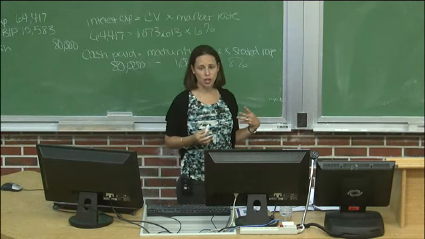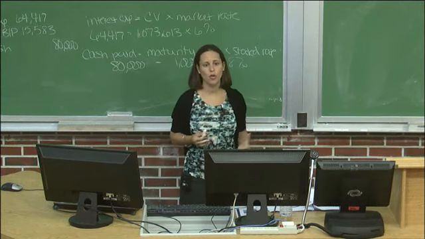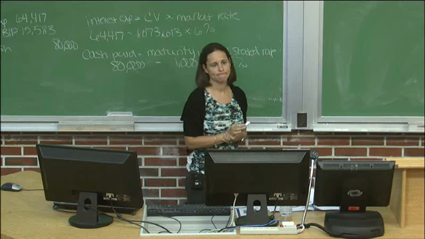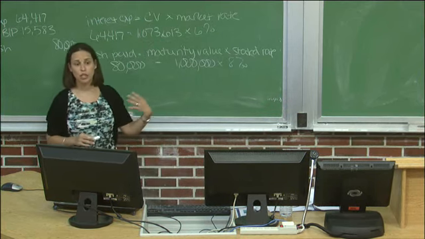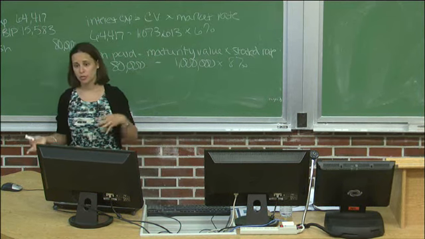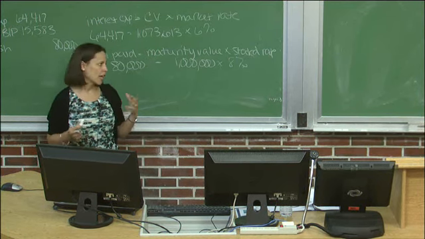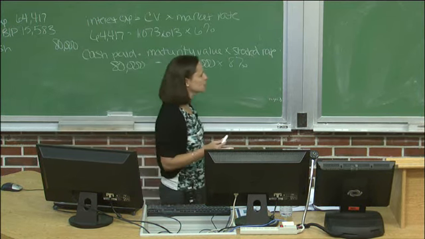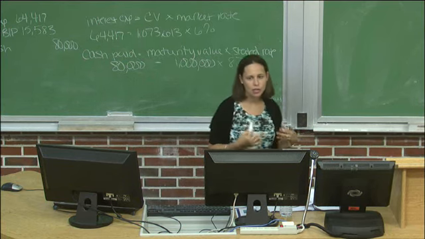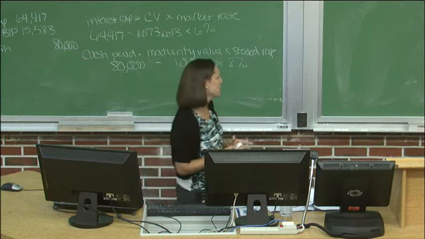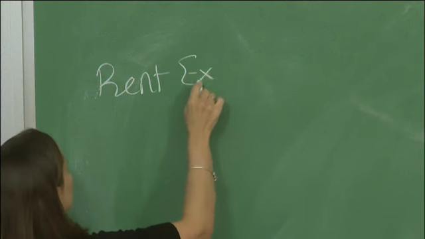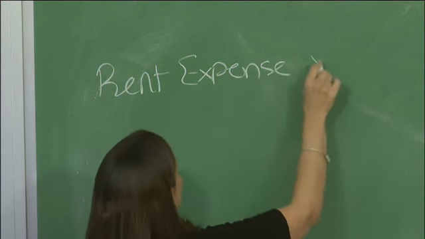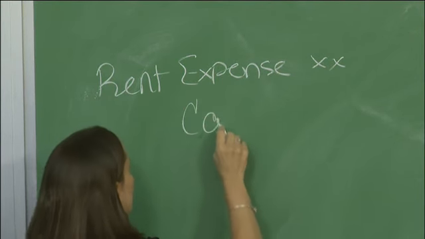Okay, so first, operating lease. What do you record under an operating lease? What do you record on day one? Nothing, right? Because under an operating lease, you record rent expense, you record cash. Okay, so to make it easy, let's say you incur the rent expense when you pay the cash. So when you make the rent payments, you would debit rent expense, credit cash.